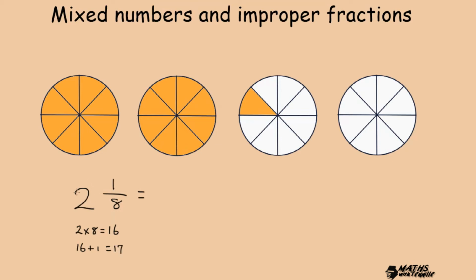So 2 whole pizzas, 8 slices each, so 2 times 8 is 16, plus the additional slice, that 17 becomes the numerator, and the 8 remains as my denominator. So 2 and 1/8 is the same as 17 over 8.